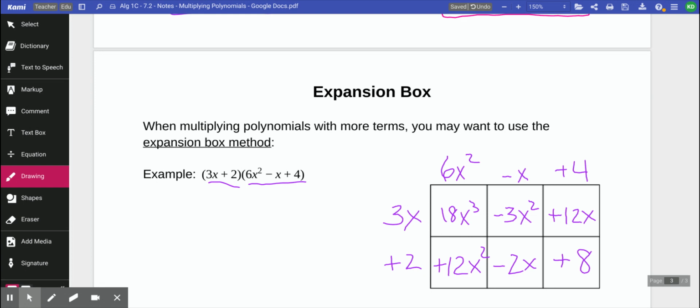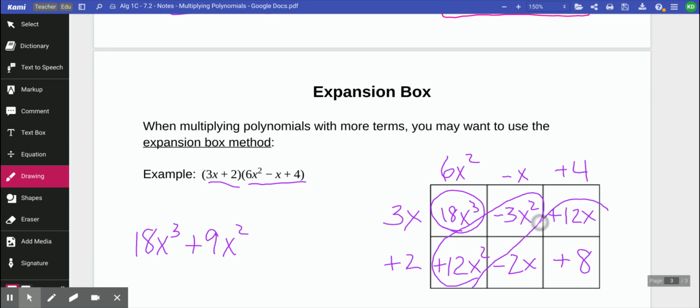So now we can write our standard form polynomial. So starting with x to the third, we have 18x to the third. Then we have 12x squared minus 3x squared, so that's going to be 9x squared. 12x minus 2x is 10x.